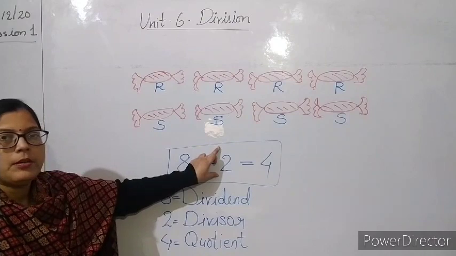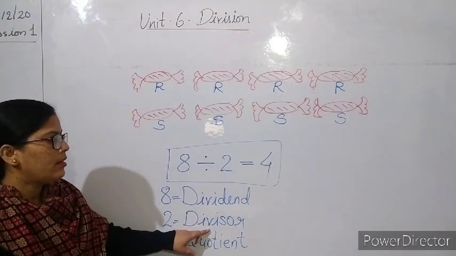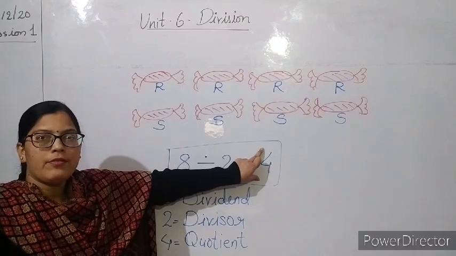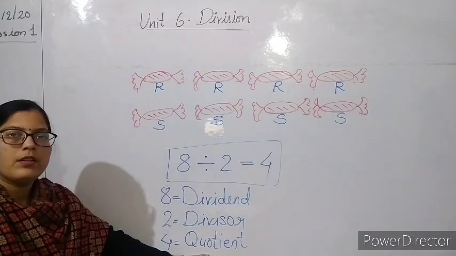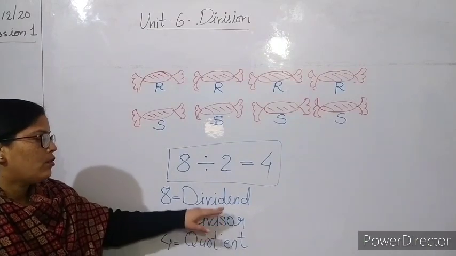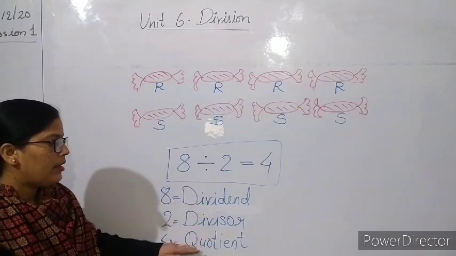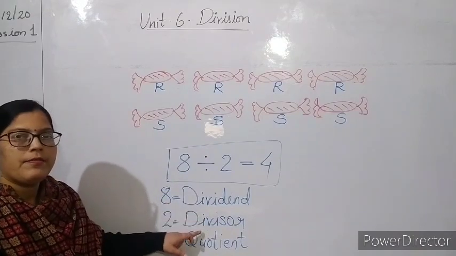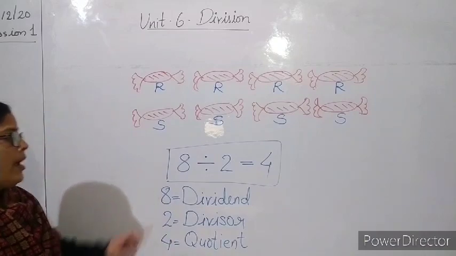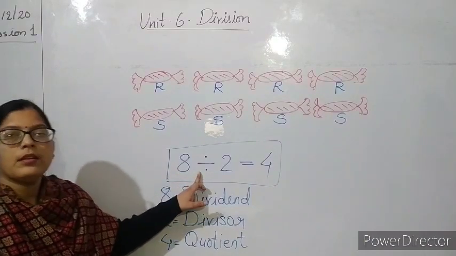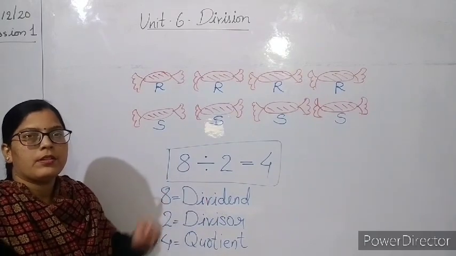The number by which we divide is called divisor, and the answer which we get after division is called quotient. Okay, so these are 3 terms which are used in division. Dividend, divisor and quotient. And this is the sign of division. This is the symbol of division.